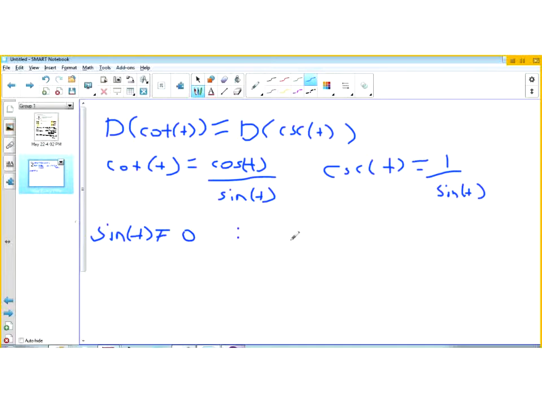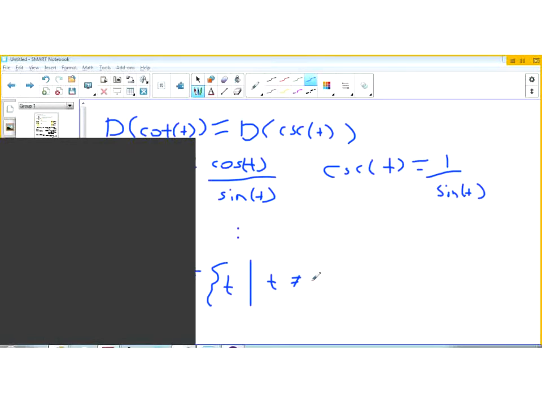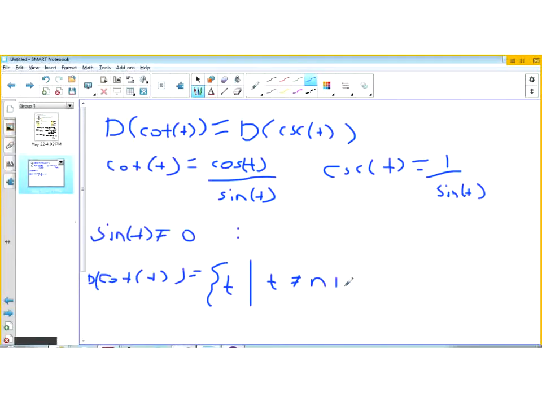Okay, so therefore, the domain of cotangent t along with cosecant of t is equal to the set of t such that t cannot be an integral multiple of pi.